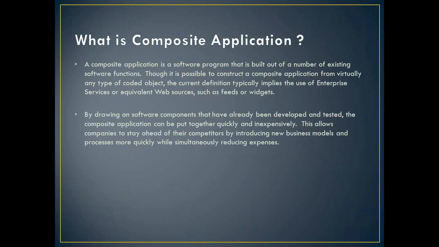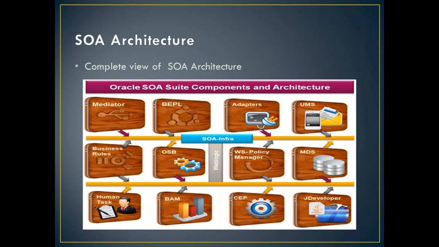In such a case, if you want to quickly develop a particular code instead of redeveloping everything from scratch, you can have your existing infrastructure, and on that infrastructure, add as many components as you want based on your business requirements. That is exactly what a composite application is.